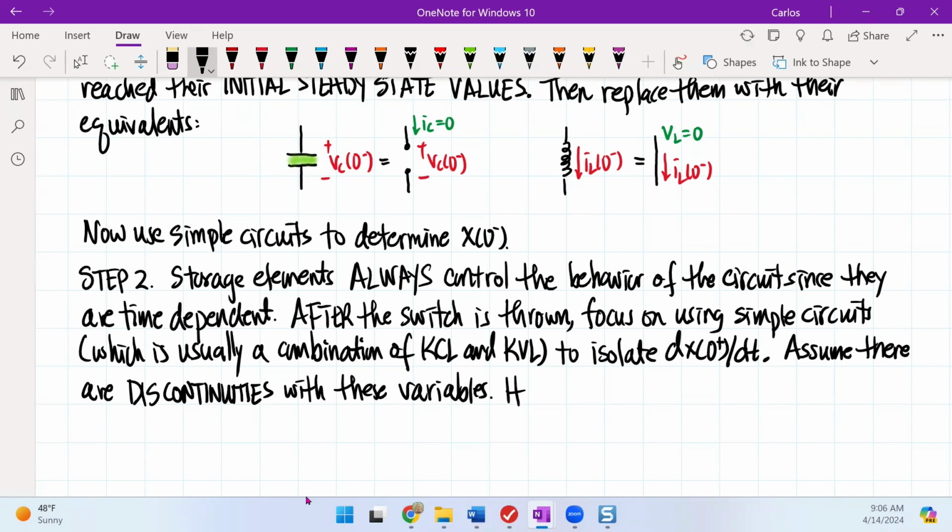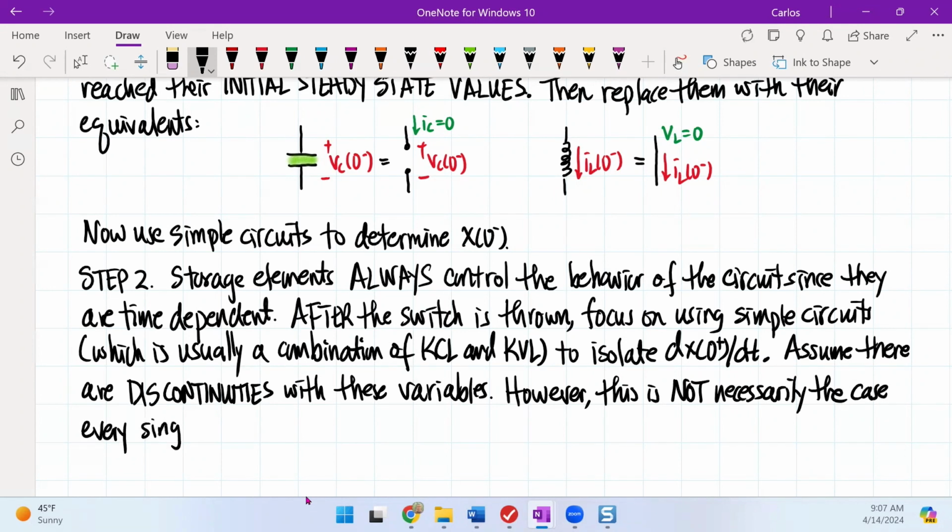However, this is not necessarily the case every single time.